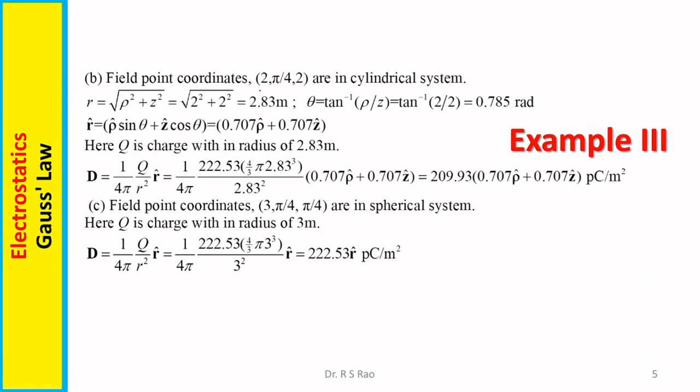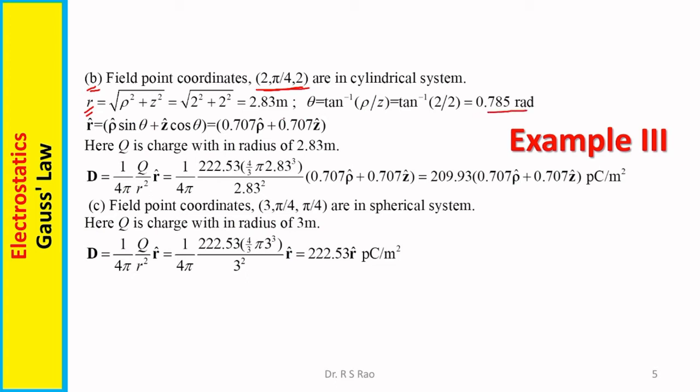Now, when field point coordinates are 2, pi by 4, 2 in B, R is the radial distance from the source charge center to the field point. R is the square root of rho square plus z square. It is 2.83 meters. Theta can be found from tan inverse rho by z. It is 0.785 radians.